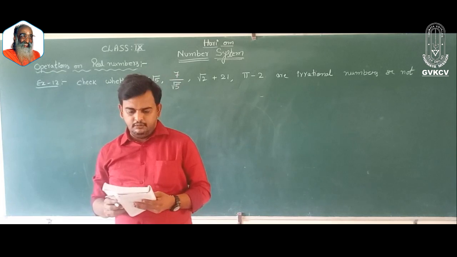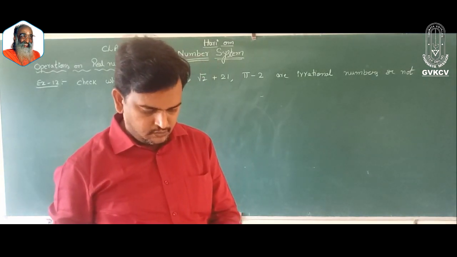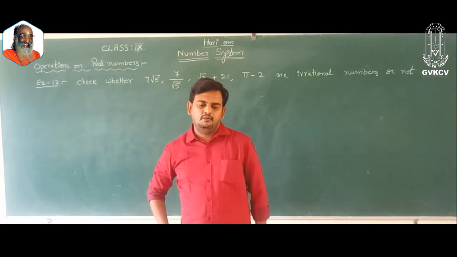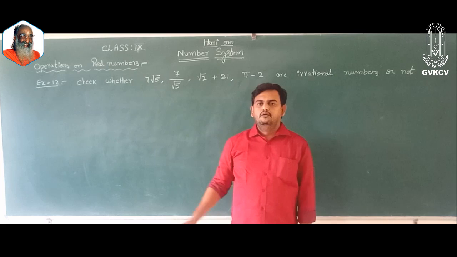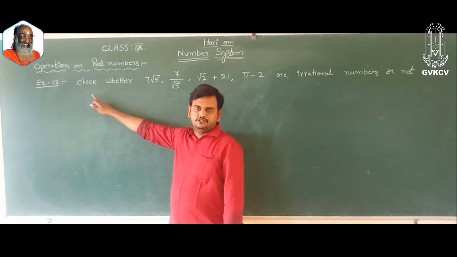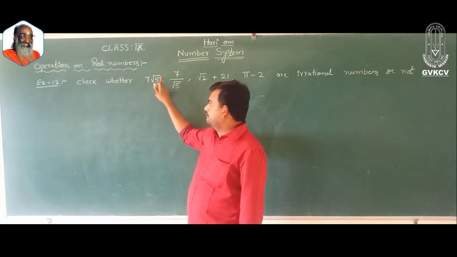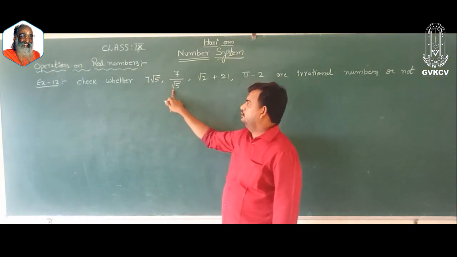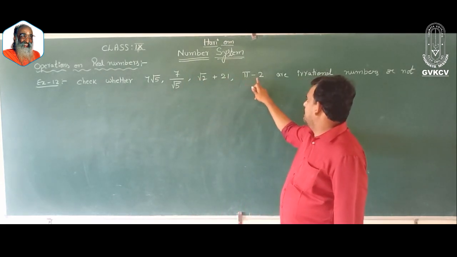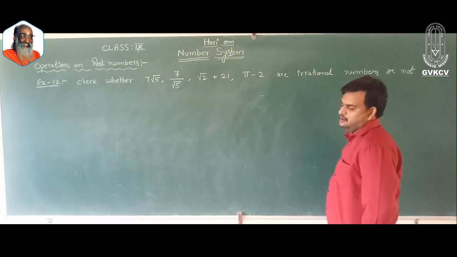This is the problem we are going to discuss here. When we observe, the question is: check whether 7 into root 5, 7 by root 5, root 2 plus 21, pi minus 2 are irrational numbers or not.